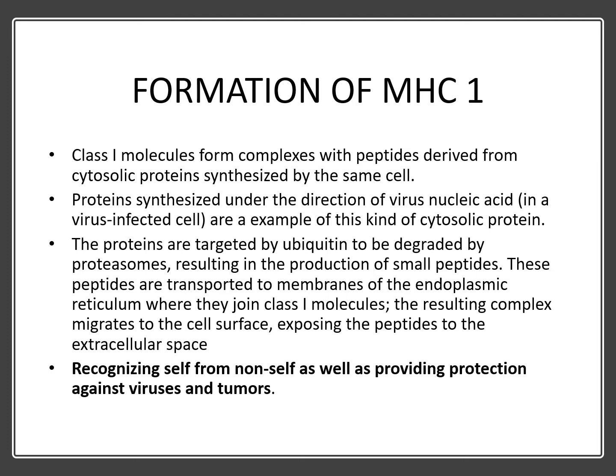So, formation of MHC class 1 molecule. These are the proteins which are located on the plasma membrane of all nucleated cells, and these proteins are important for the distinction of self from non-self cells.